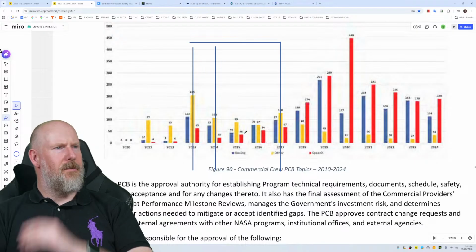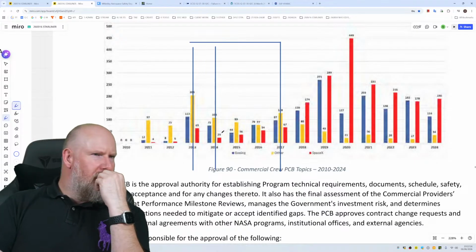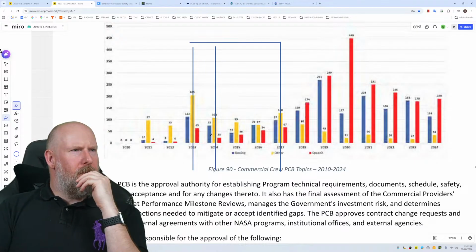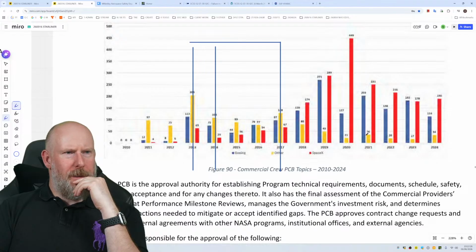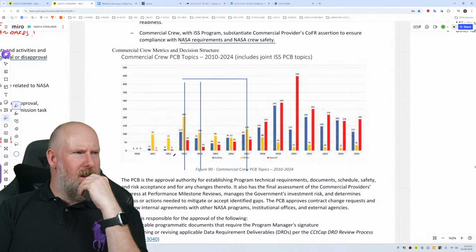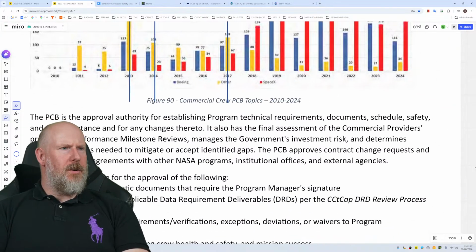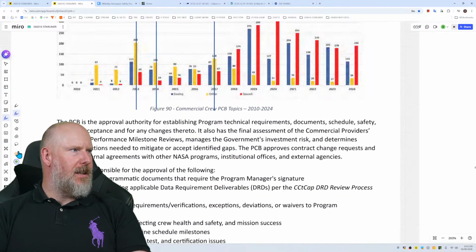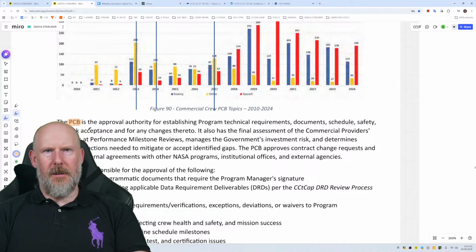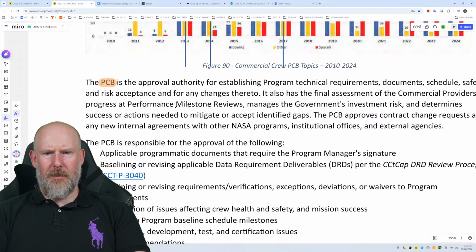Okay, that's interesting. So there are quite a few, and then even more in 2018, 19, 21, 22, 23, 24. So the PCB is the approval authority. That is certainly an element that should go in the control structure model.